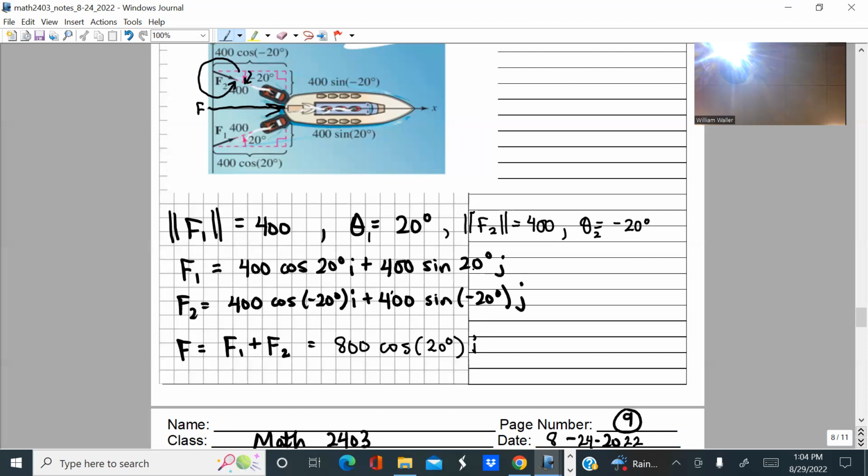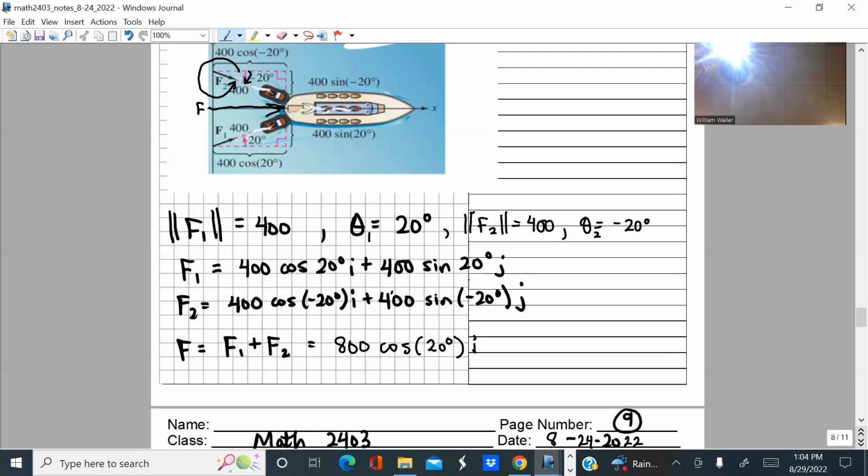Well, a nice thing happens here as well, because the sine of 20 degrees and the sine of minus 20 degrees are opposite of each other, right? Isn't that correct? Sine is positive in the first quadrant, but in the fourth quadrant, it's negative.